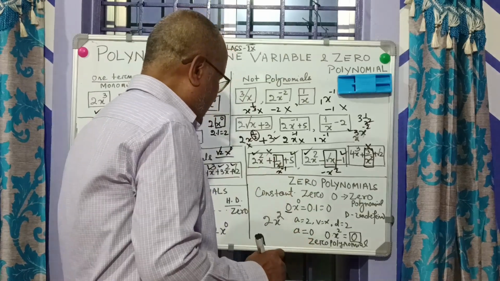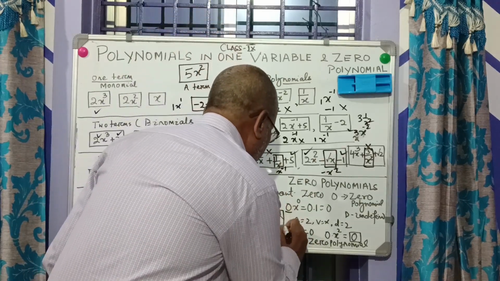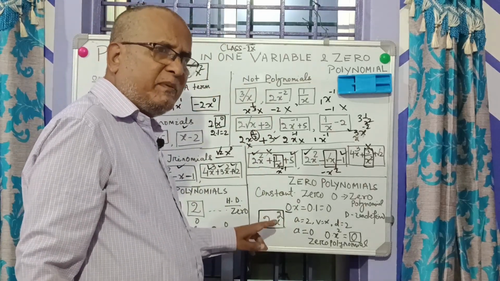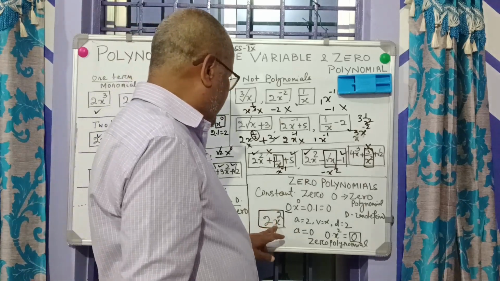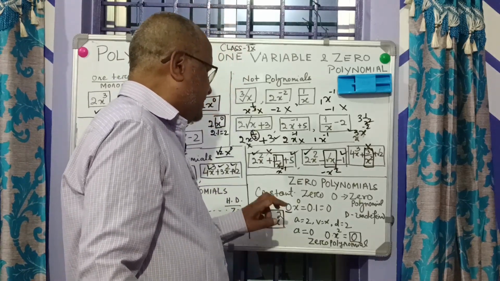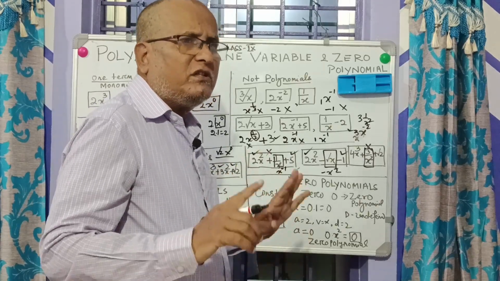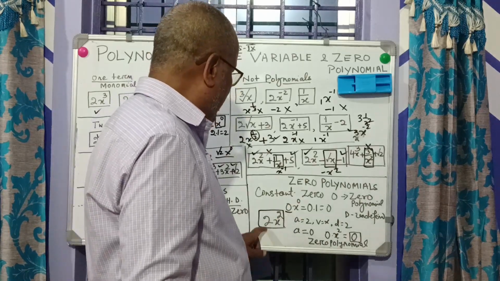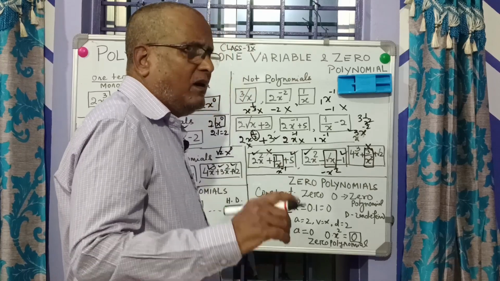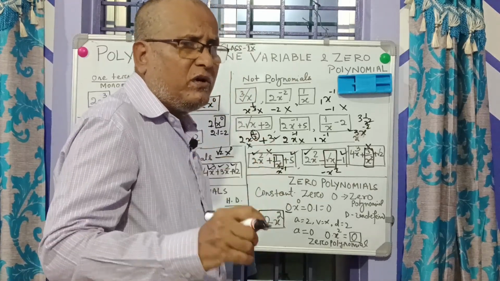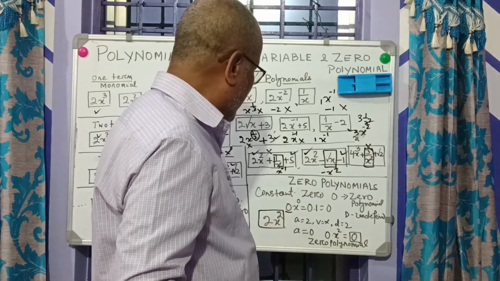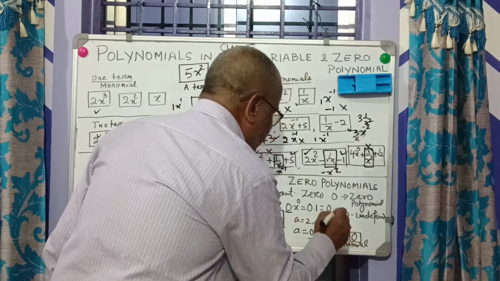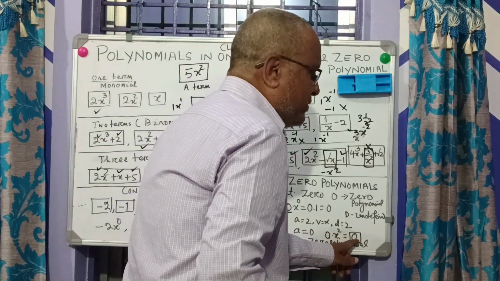This question was asked. Now consider another term, 2x square. Here 2x square is a term, an algebraic expression. So x is the variable, 2 is the coefficient and the exponent is 2. It satisfies the conditions of a polynomial. So it is a polynomial. But here is a condition. If the coefficient, which we denote as a, becomes 0, what will happen? Now it will be 0 into x square and the result will be 0.